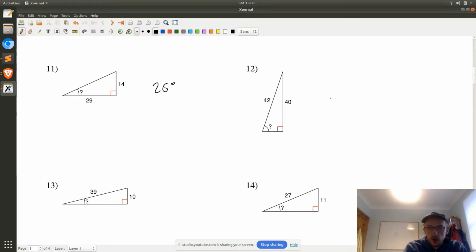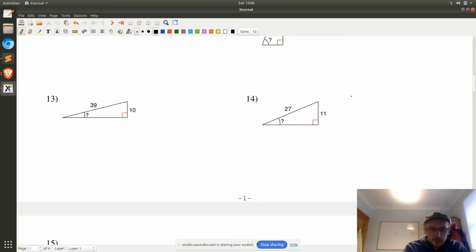Here we have opposite and hypotenuse, so that would be sine. So arcsine of 40 divided by 42, about 72 degrees. Opposite and hypotenuse as well, 10 divided by 39. 24 degrees.